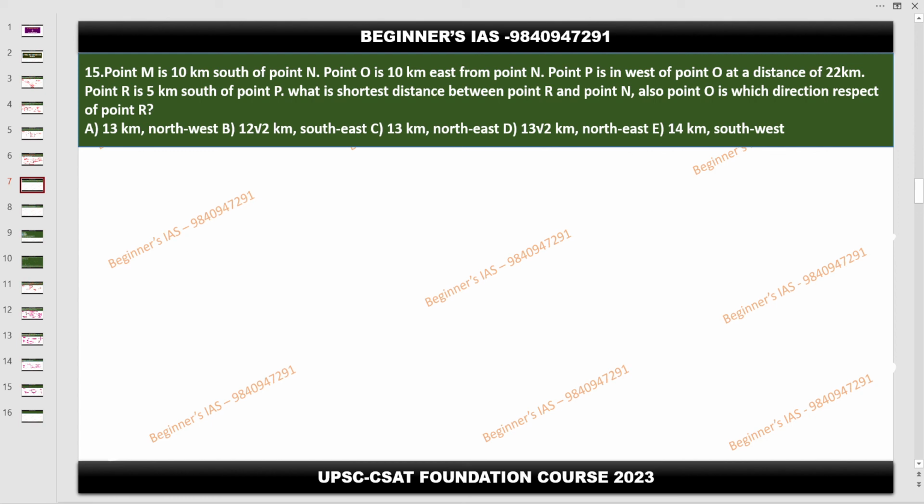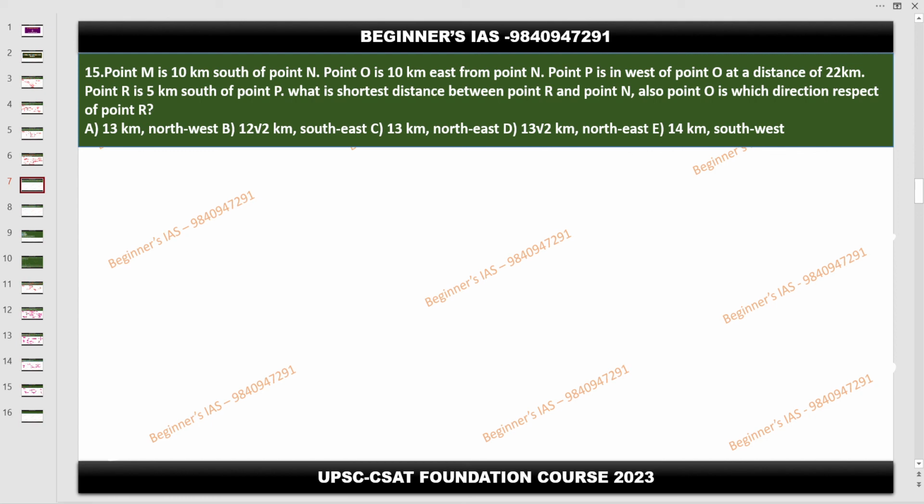Dinesh giving C, Ashina giving C. 13 km northeast. Pratesh giving C. Malati giving C. Rajshekhar giving C. Asha also giving C. Fine.